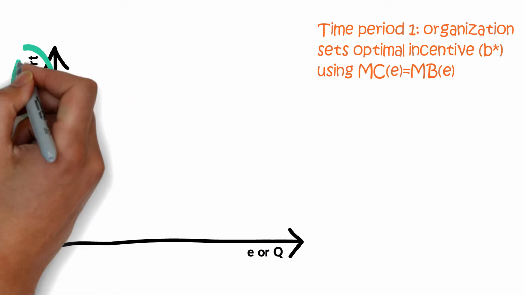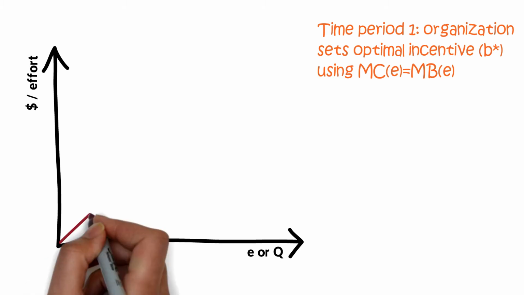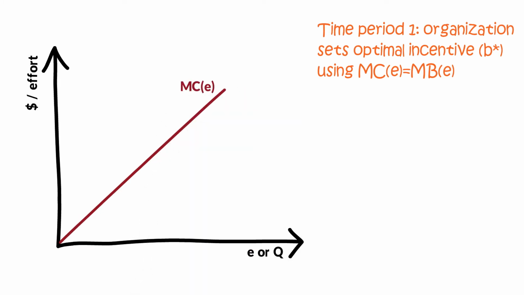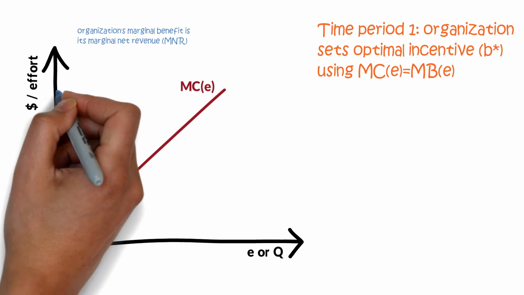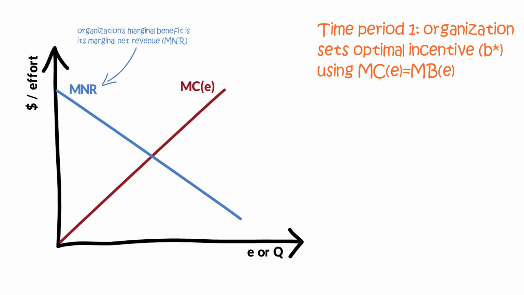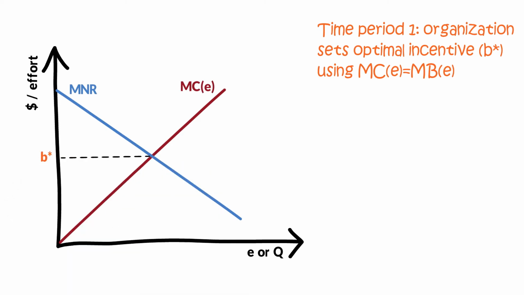Since this is dollars per unit rather than just dollars, we know it's going to portray marginal cost and marginal benefit curves rather than indifference curves or other things. The marginal cost curve slopes upward because effort gets increasingly more costly. The organization's marginal benefit curve is its marginal net revenue curve. That is, the additional revenue generated after accounting for additional non-labor expenses. So the optimal incentive, B star, is where the two curves intersect.